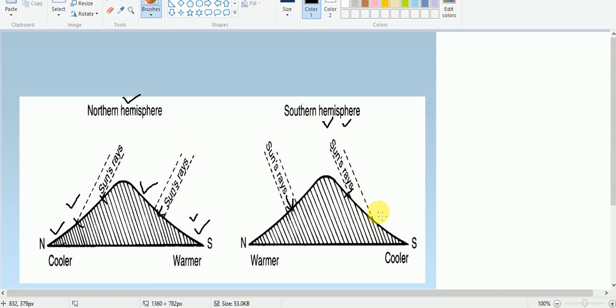On the southern slope of the mountain, we get inclined rays of the sun, and the temperature is low. That means we feel cooler. So in this way, the direction of slope also affects the distribution of temperature of a place.